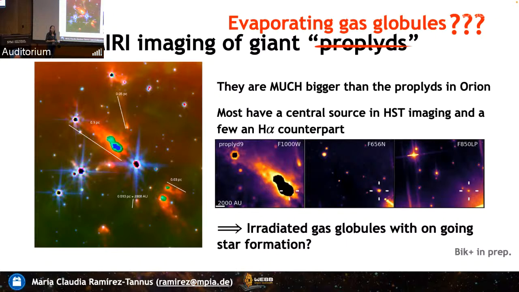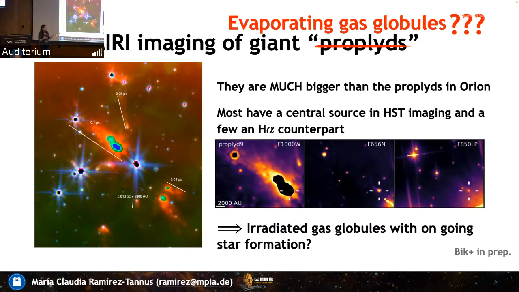So this poses another question: if inside these evaporating gas globules you even have star formation going on, this is very exciting, because it also means that our picture of star formation can be much more complex than we think. You don't only have the triggered star formation on the larger scales when you have the shocks, but also you might have star formation that is triggered because these evaporating gas globules are being shocked by the radiation from the massive stars.